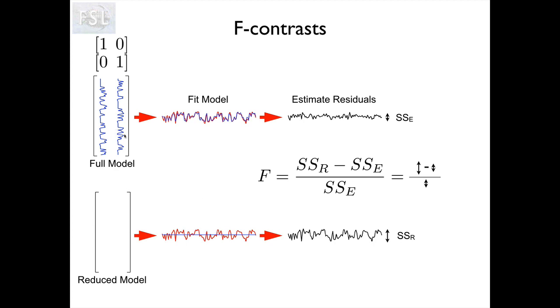Conversely, if this model had not been able to explain the data particularly well at all, then having them or not having them would not have made any difference, and there wouldn't have been a large difference. So you can see that the F value will be large when the part of the model that is spanned by the F contrast is able to explain a substantial part of the variance in the data.